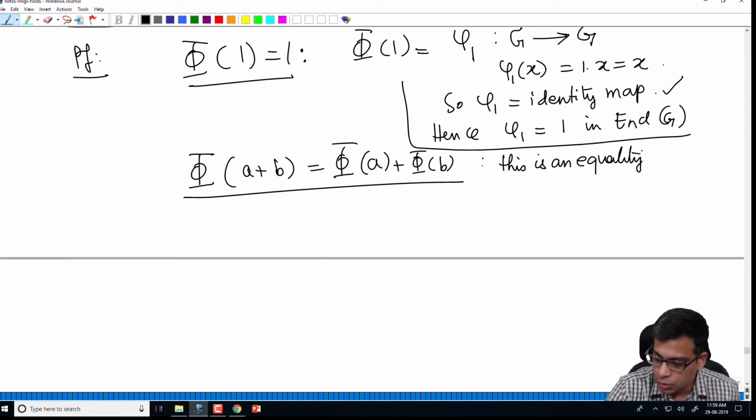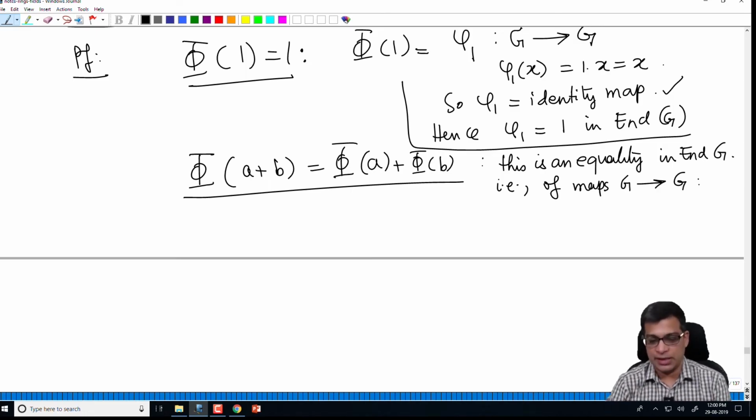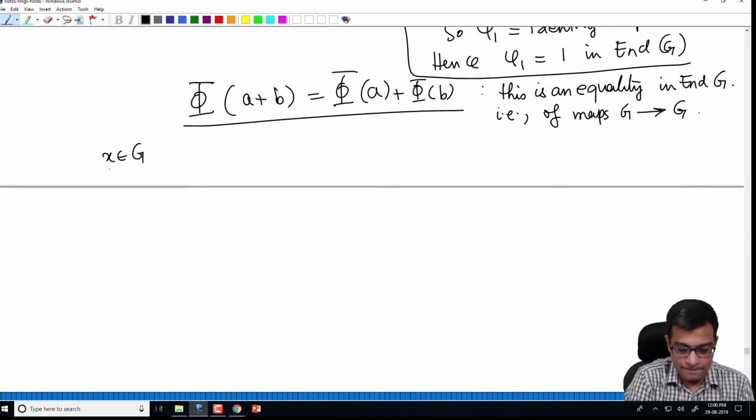This is an equality in End G, right? That means this is an equality of maps. So we are supposed to check that these are the same maps on G. So let's take an x.